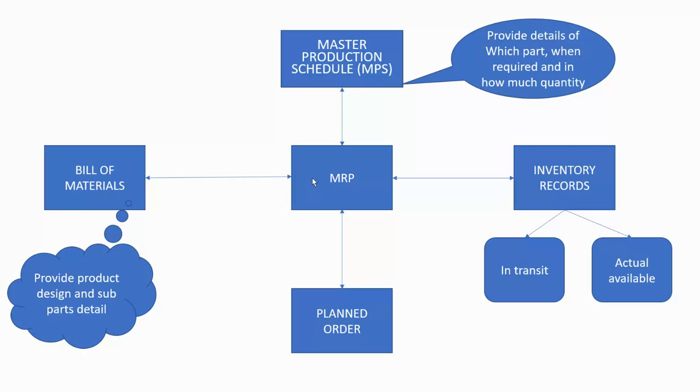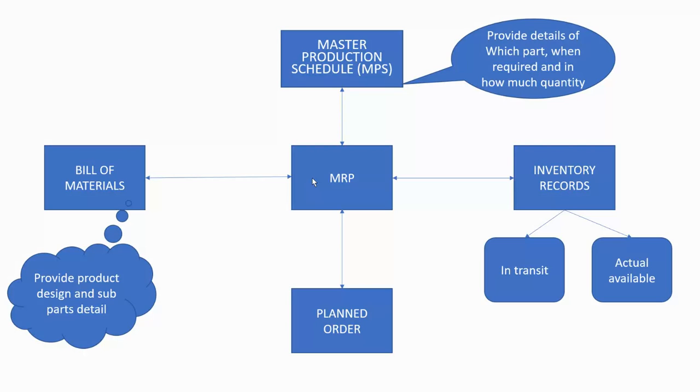That is also your inventory, because you have already purchased it. And actual available means the number of components that you actually have. So this will help your material requirement planning.